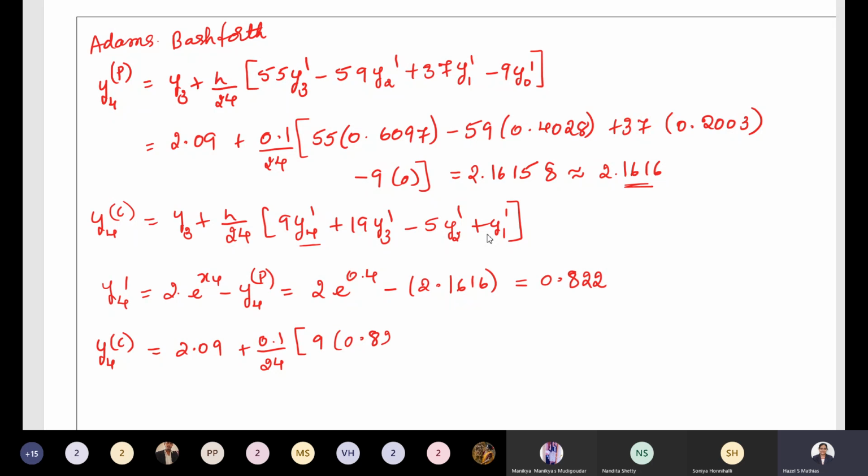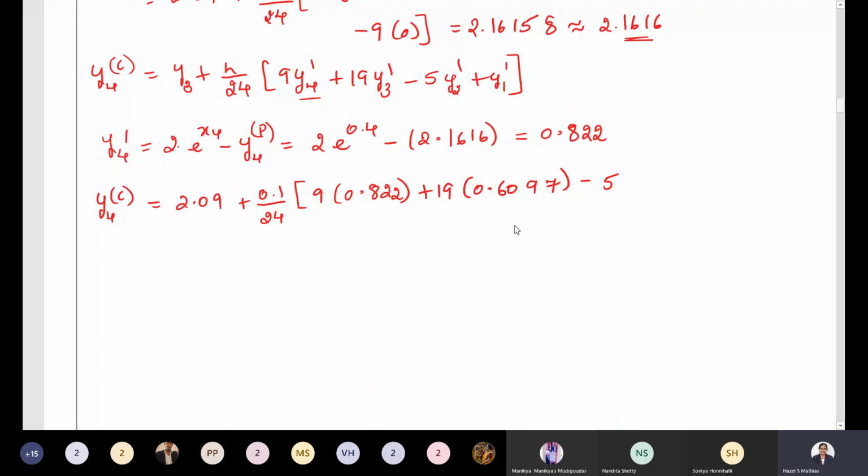It is 0.822 plus 19 into 0.6097 minus 5 times y2 dash. What is the value of y2 dash? It is 0.4028 plus y1 dash is 0.2003. So what is it? Calculate.